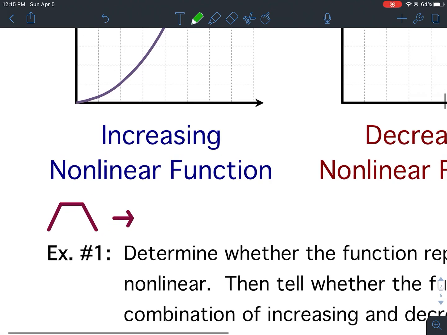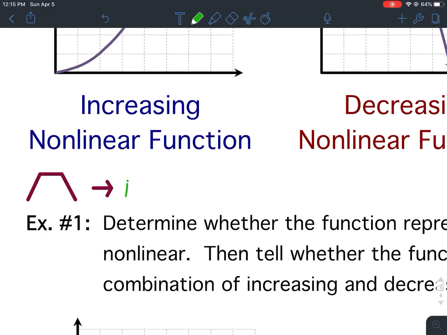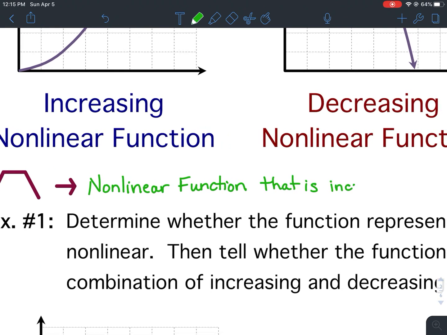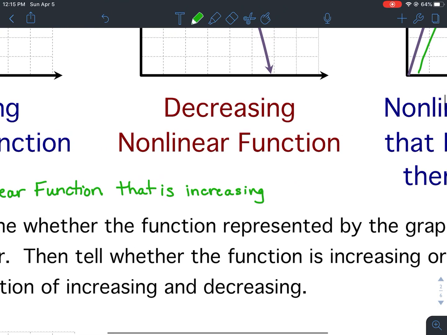So I would like you to write down that this is a nonlinear function that is increasing, constant, and decreasing.